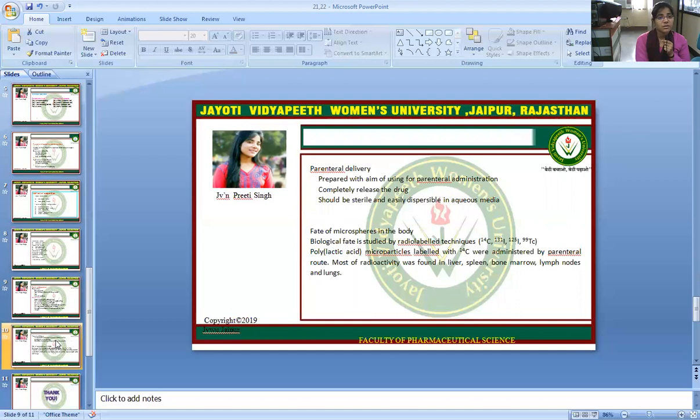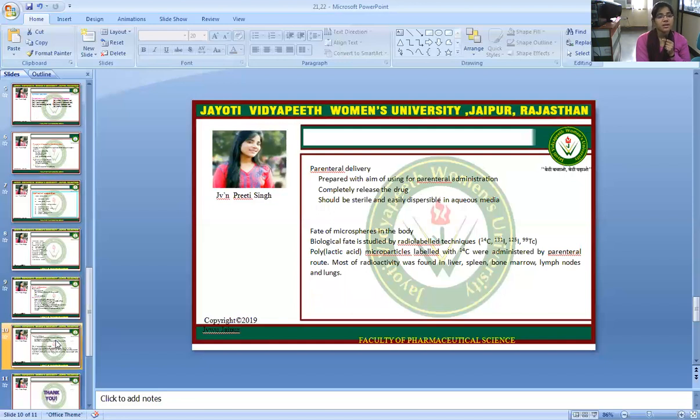Parenteral delivery is prepared with the aim of complete release of the drug. It should be sterile and easily dispersible in aqueous media. Fate of microspheres in the body: biological fate is studied by the radiolabel technique using C14, I131, I125 and 99Tc.